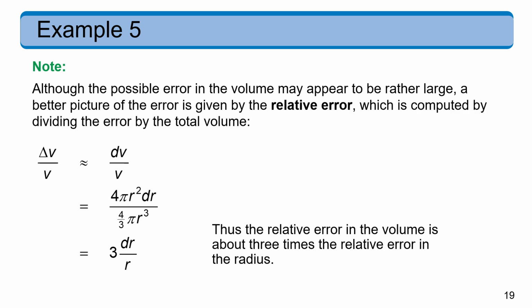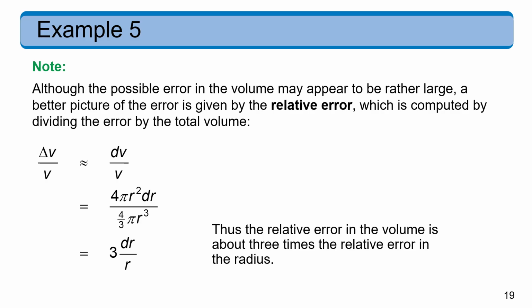We were just saying how the maximum error in the volume appeared to be very large compared to the error in the radius. But to get a better feel for this, it actually makes more sense to look at what we call relative error, rather than the exact or distance type error.